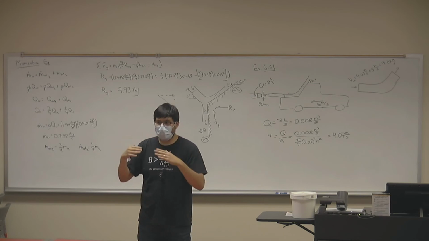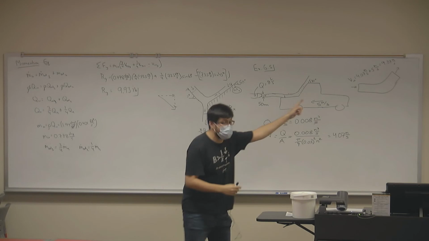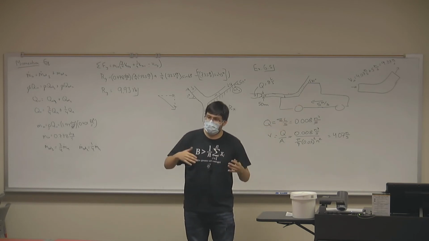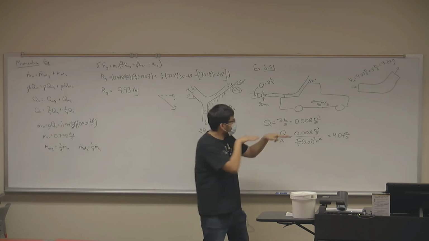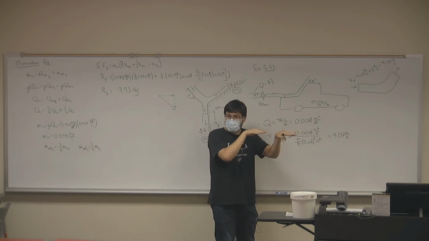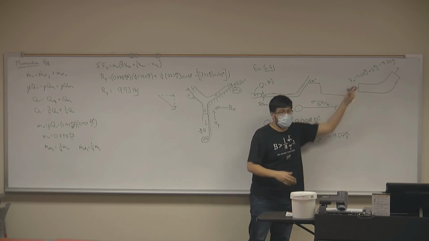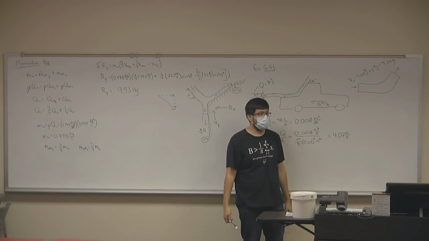Which one do you think will hurt more? Opposite directions. Why? Because the velocities get added up, okay? So if you see me on the highway, I mean, don't hit me, right? But if we're driving in the same direction, then our velocities will be just subtracted from each other. But if we're driving in opposite directions, we add up our velocities, we get a higher velocity, higher impact. Does that make sense? Good.